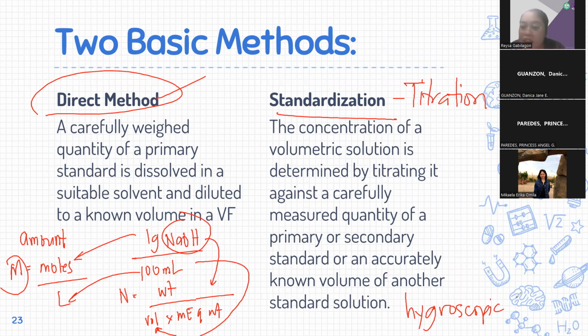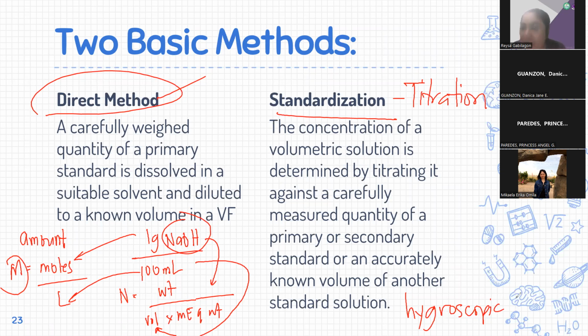It's determining the concentration of a prepared solution through titration, either using a primary standard, a solid substance like what we did with the sodium hydroxide using potassium acid phthalate, or using a secondary standard, a liquid substance with known concentration.